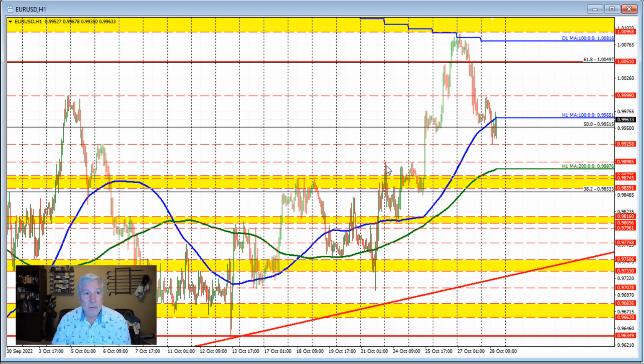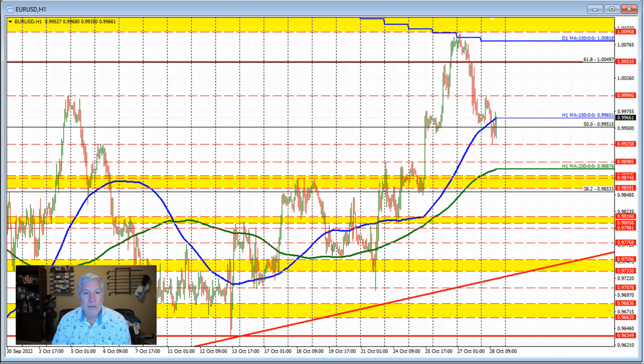Then we'll be looking down toward these highs that we saw on Monday and Tuesday, or is it Tuesday and Wednesday? I don't know. Monday and Tuesday through here at the 0.99898 level. So let's call it the 0.99 level, and then the rising 200-hour moving average comes into play at 0.98877. So watching the 100-hour moving average, get above that, it's more bullish.